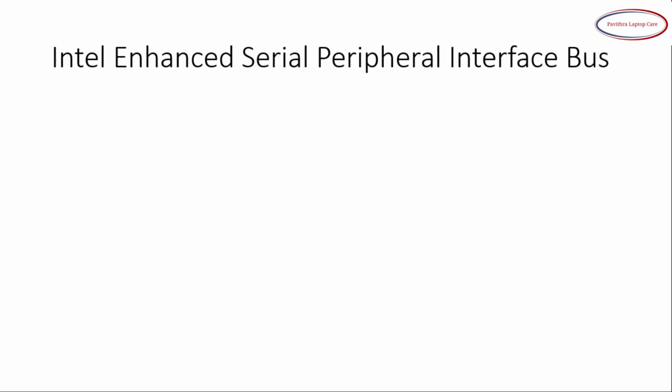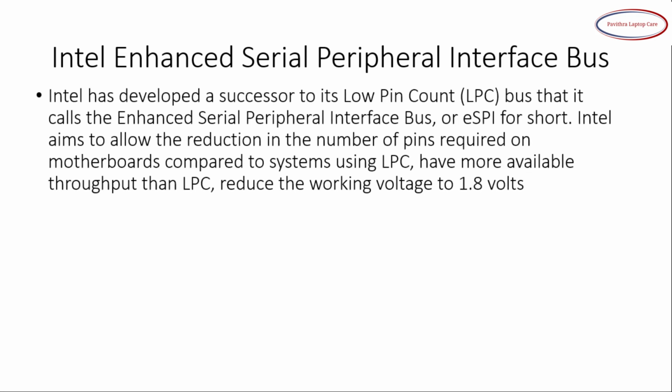Intel announced a serial peripheral interface bus. See, Intel launched an SPI bus that's called eSPI. Intel has developed a successor to its low pin count bus that it calls the enhanced serial peripheral interface bus, or eSPI for short.